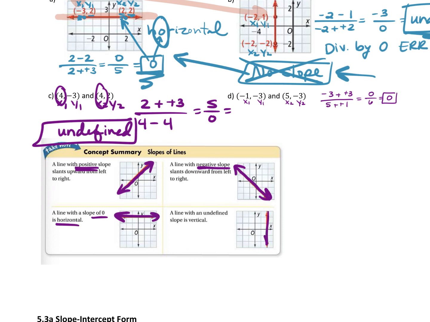And if it is vertical, that is undefined, okay? Any questions on that? This really shouldn't be completely new. I feel like you've done this in previous math classes at some point, yes? This should just be recap to get us to what we're doing next, but hopefully it's not brand new.